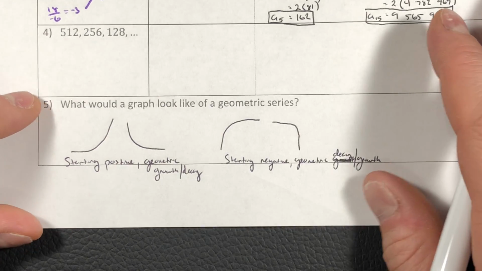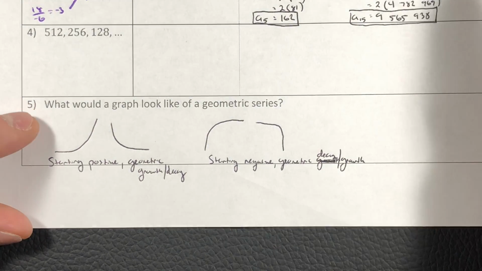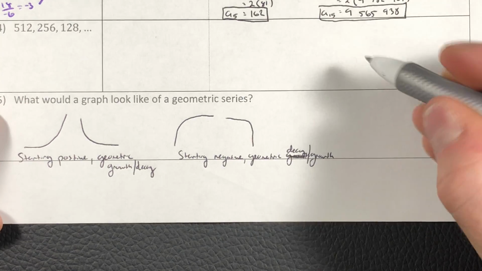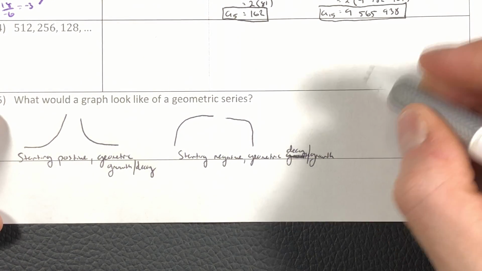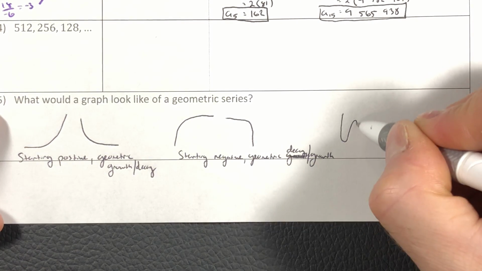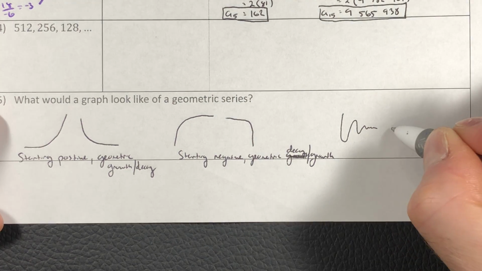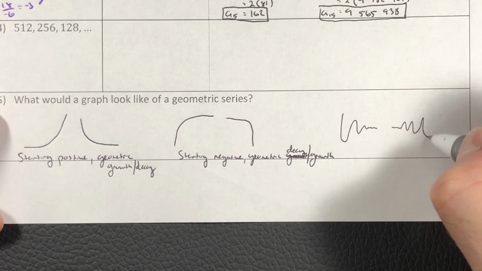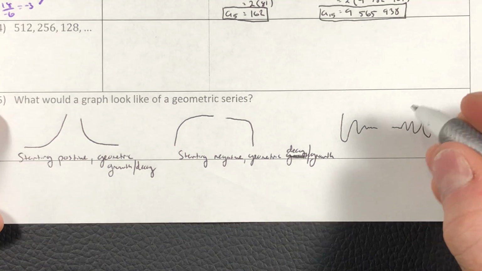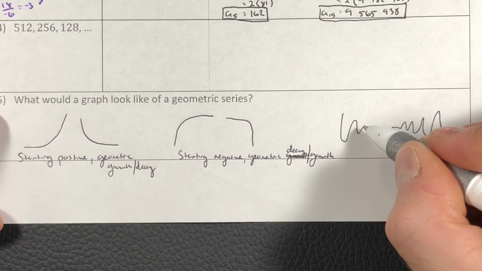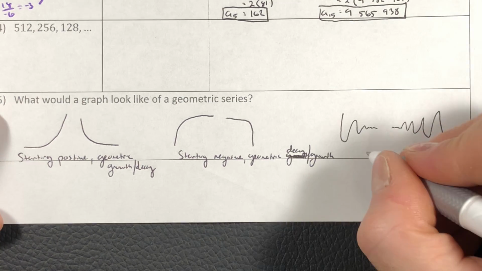Perfect. And then the last one is going to be a divergent. So we have one with a whoosh, whoosh, whoosh, whoosh. And then we have another one where it starts like that and then it goes up. It doesn't really matter which one we have.